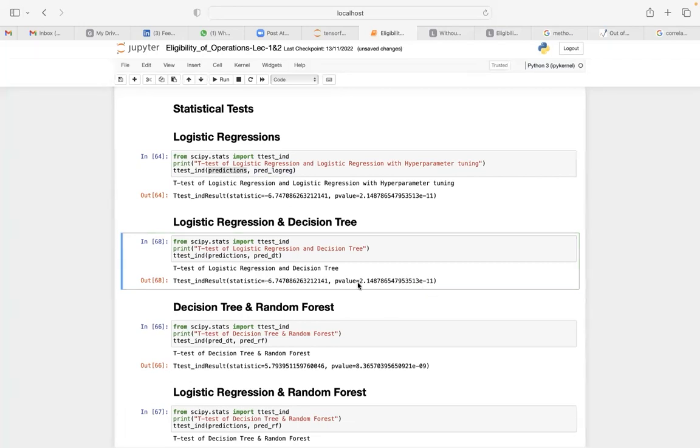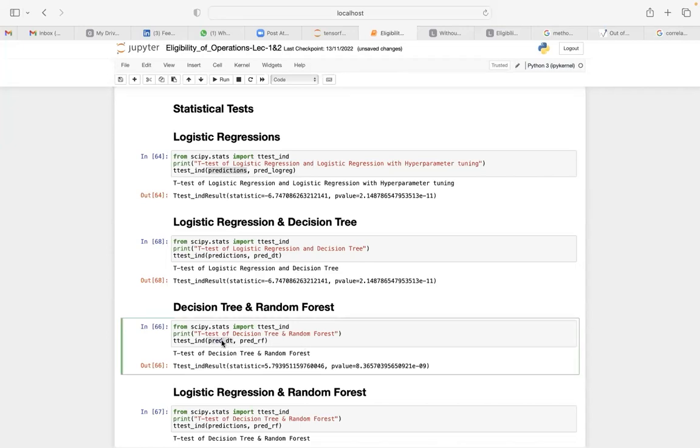Now it makes sense to spend time without doing hyperparameter tuning. If you jump onto the decision tree, now it says that it makes sense that you did that. If you do the same with the decision tree, it will tell you the same story.